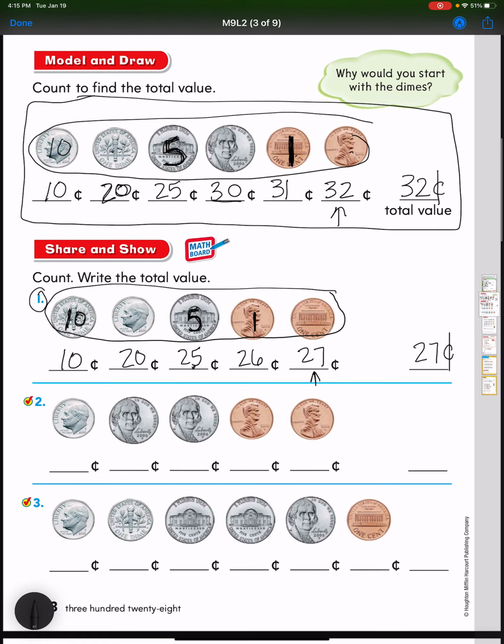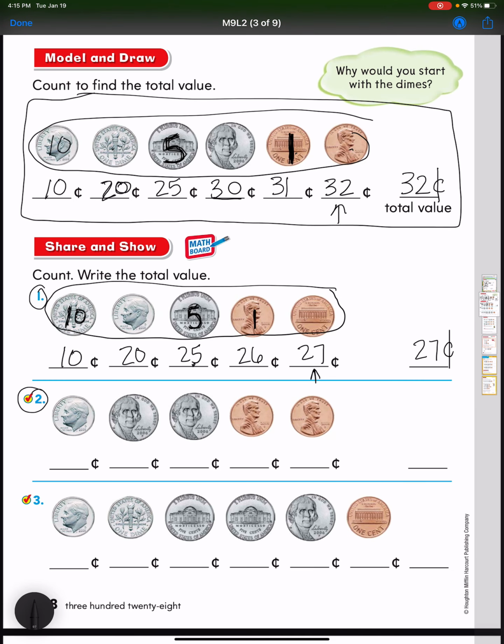All right, let's look at number 2. I know that dimes are worth 10, nickels are worth 5, and pennies are worth 1. So I would say 10, but look, I need to start counting by fives because I have nickels.